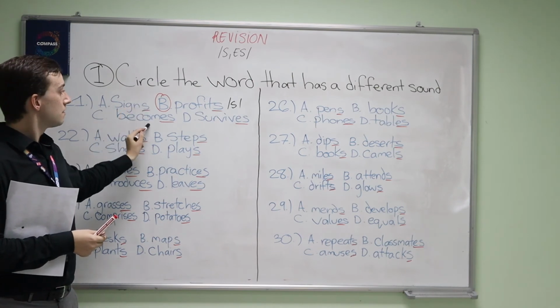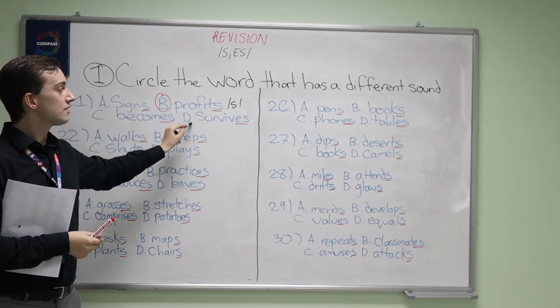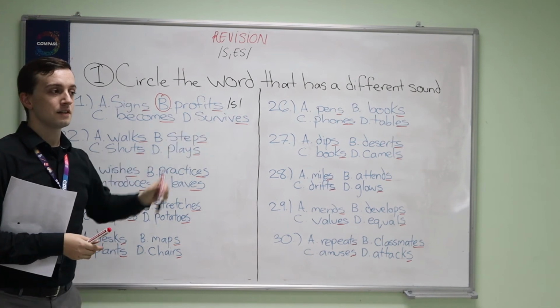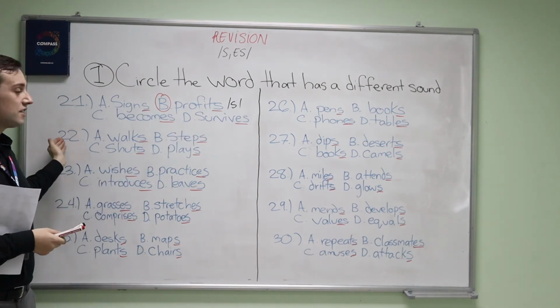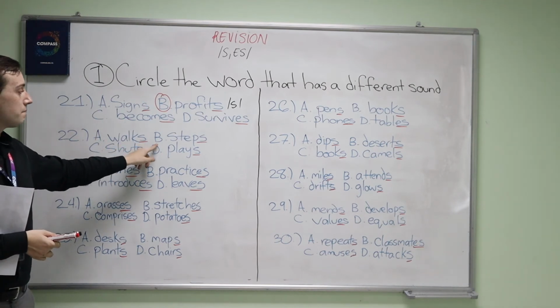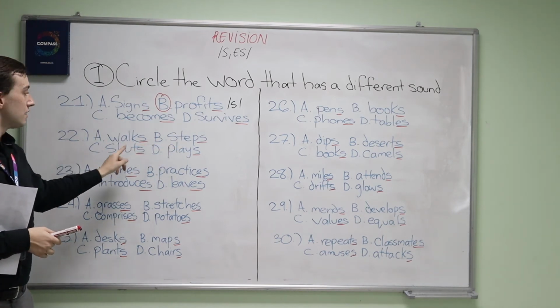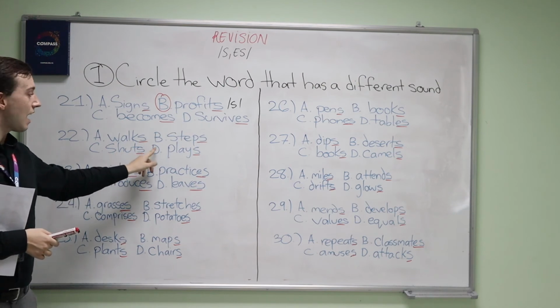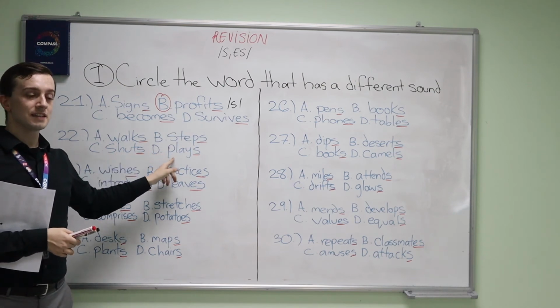Profits. But in A, C, and D, S and ES make the sound Z, like this. Signs, becomes, survives. Next, question 22. The words are A, walks, B, steps, C, shuts, and D, plays.